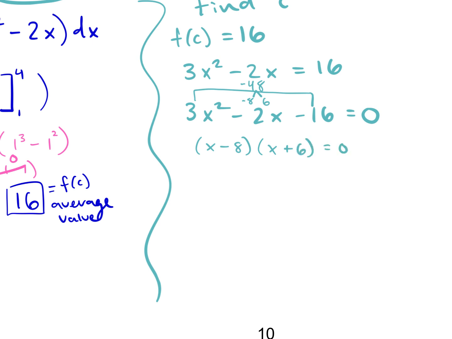We can't forget, if we start by multiplying the first times last, we have to remember to divide by that first number. So I'm going to divide both of these by 3. So we get 3x minus 8 and x plus 2. So x is equal to 8 over 3, and x is equal to -2.